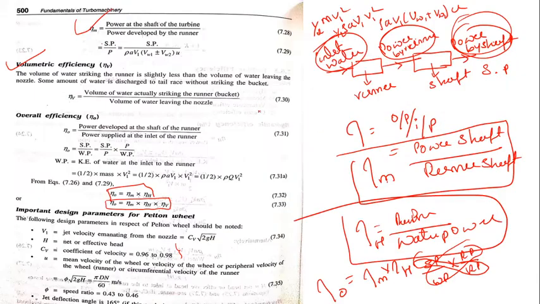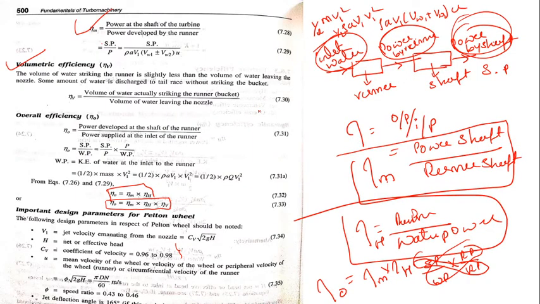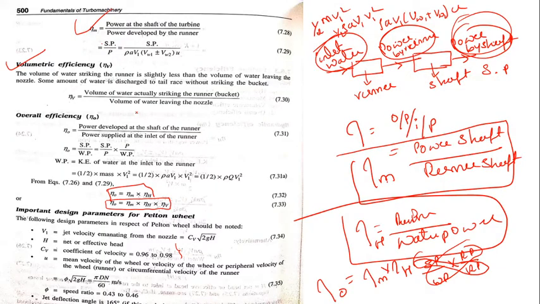Then comes Z, the number of buckets, given by 15 plus 0.5 m, where m is the jet ratio. The cross-sectional area of the jet is given by pi by 4 d square, and then the discharge from the nozzle. These are all the design considerations which you have to remember. If you remember that, we can use those in the problems.